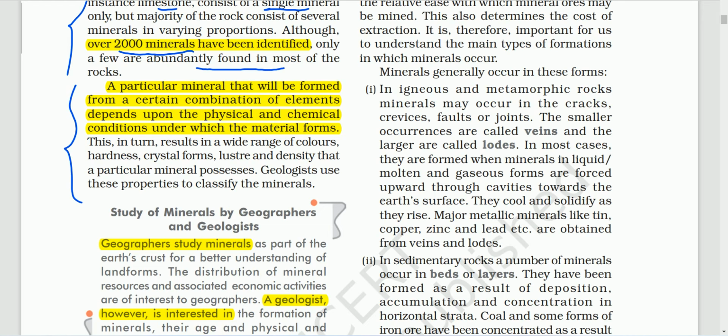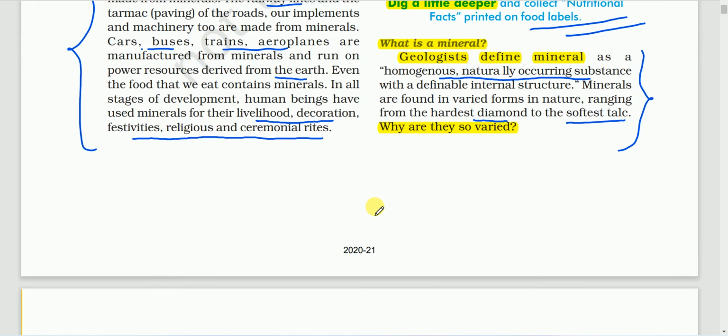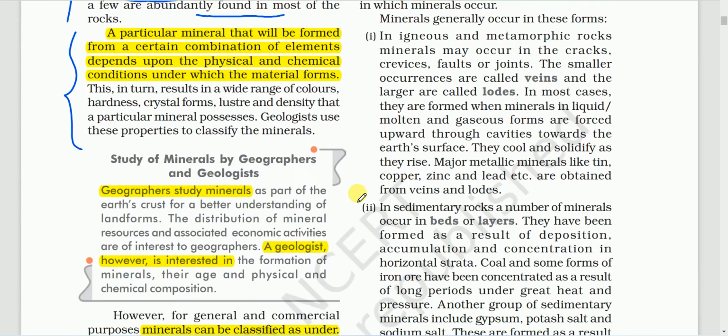In the previous page, there was one signpost question: why are minerals so varied? We have learned that some minerals are very hard, like diamond, and some are soft, for example talc. Why is this so?